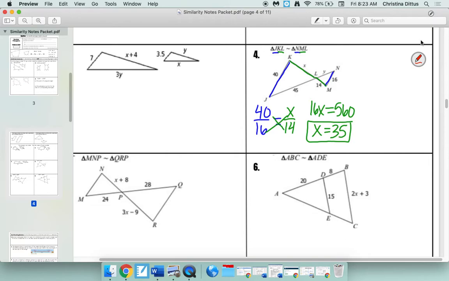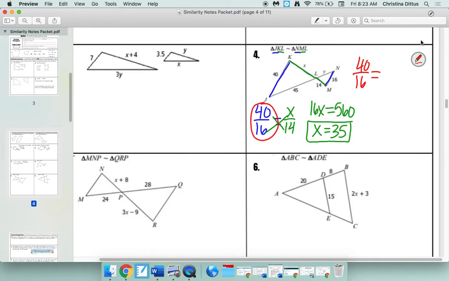What should I start with for my next one to solve for y? What first equation should I set up? Yeah, that same 40 over 16. It's the same scale factor, so we're going to use that same fraction.